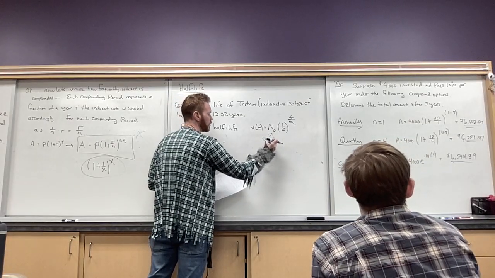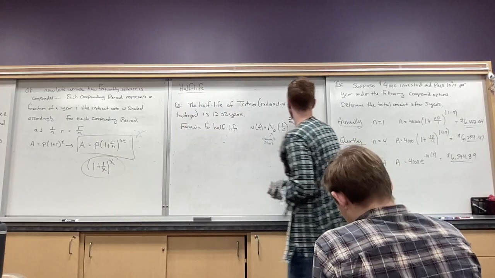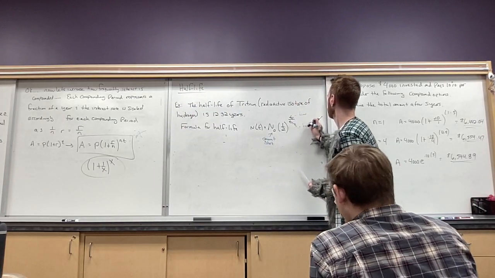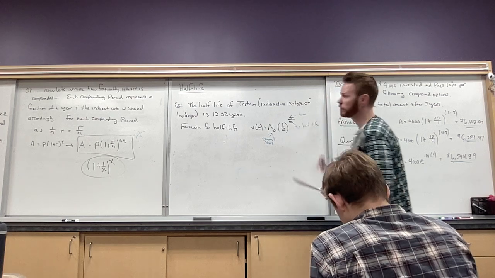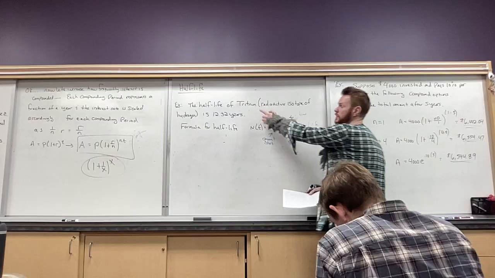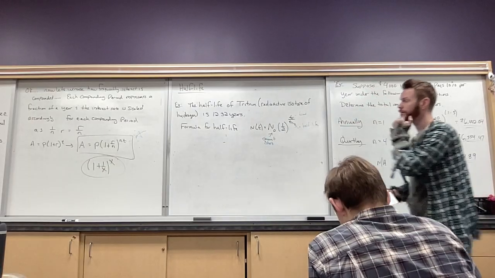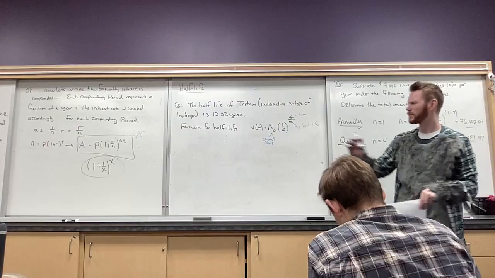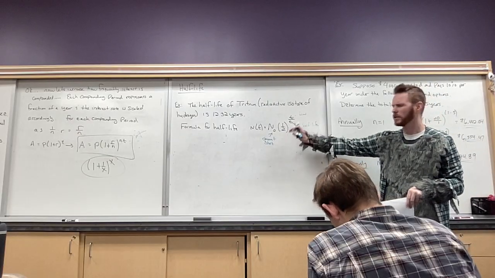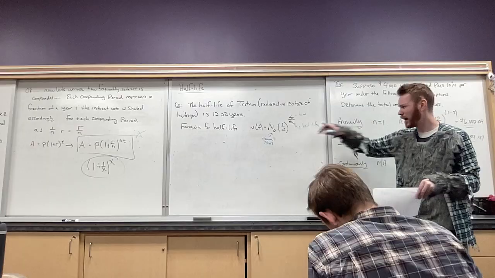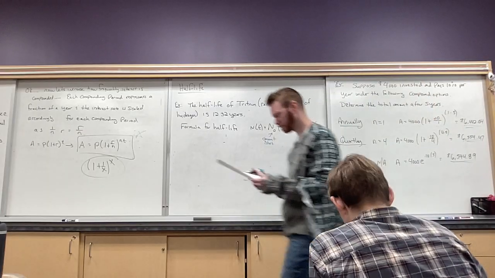So amount to start. Okay, t is the time, and this is its half-life time, which you'll be given in a problem. They'll tell you what the half-life of an element is. So the half-life of this element is 12.32 years. The textbook actually gives you a formula for each individual one I introduce. I'm like, it's probably better to know what the original one is.